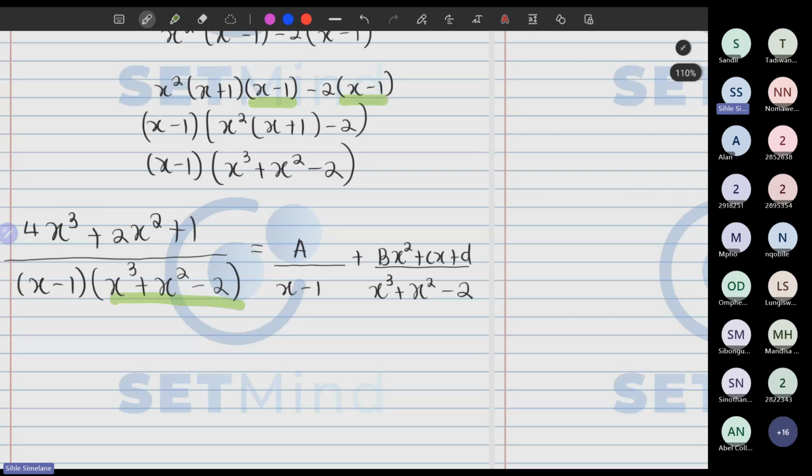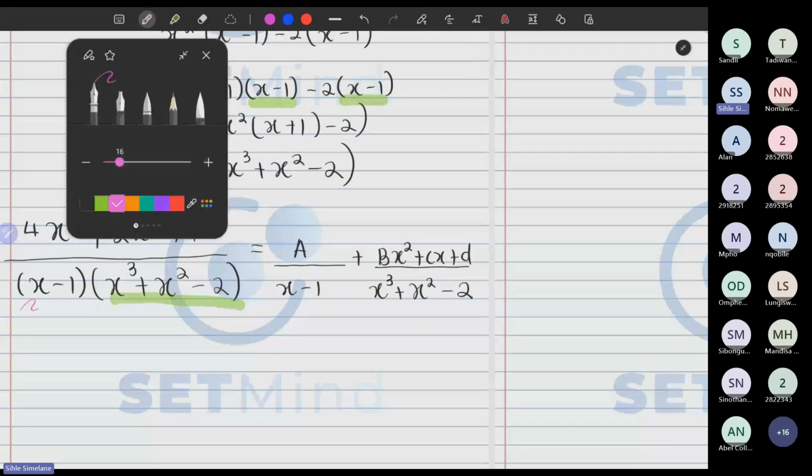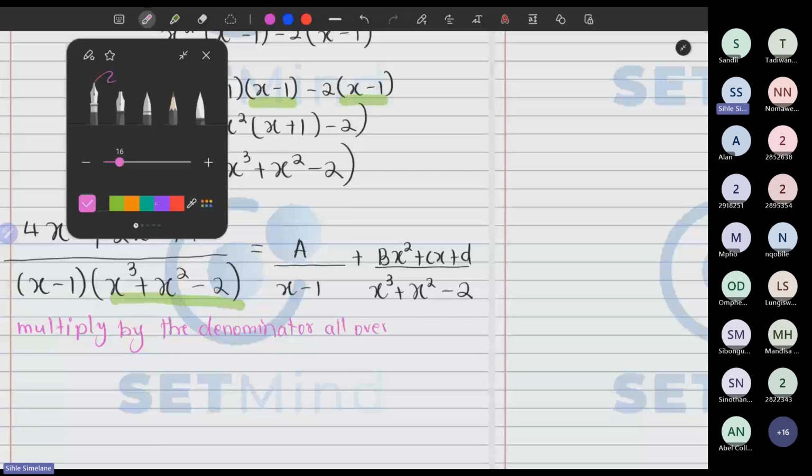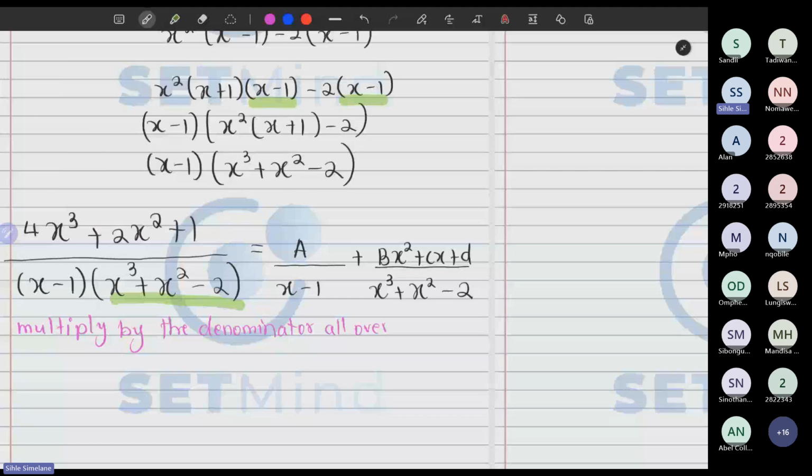And then what we can do is we can multiply by the denominator all over. So what that looks like is the left-hand side will be just that plus 1. The right-hand side will simply be a multiplied by the other denominator, which is x cubed plus x squared minus 2.